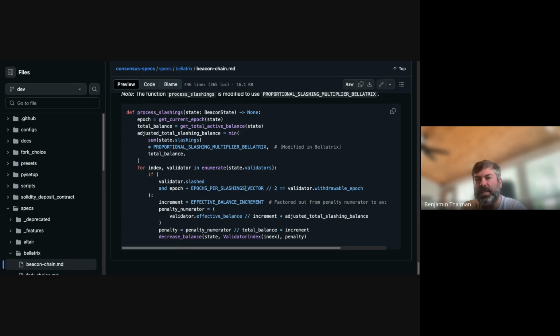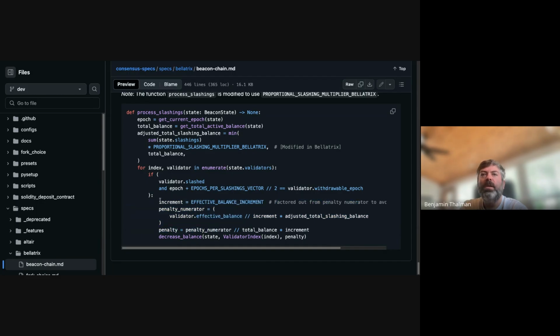Another way to think about that is, is the validator halfway through its 36-day limbo period? If it is, see, this is the if statement, and here's the result. Here's what happens. This block is calculated, and ultimately you can see that the balance is decreased by the penalty. And then you can see the penalty is defined by these things as well.